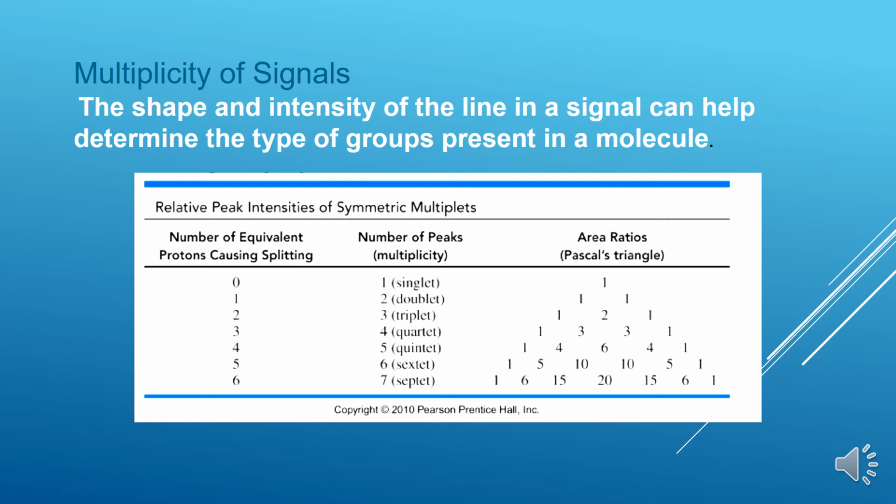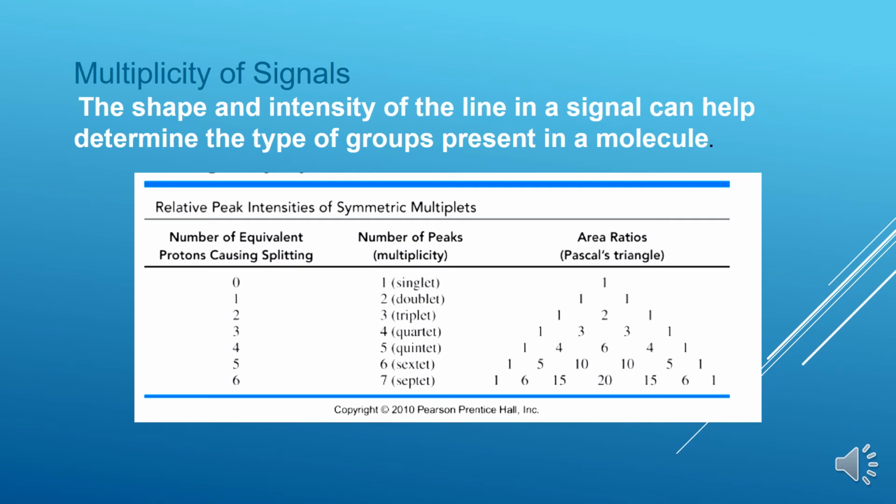Protons separated by 4 or more bonds will not split each other. Remember, proximity is also important. If they are separated by 3 sigma bonds, splitting takes place. If they are far away, separated by 4 or more sigma bonds, they will not split each other.